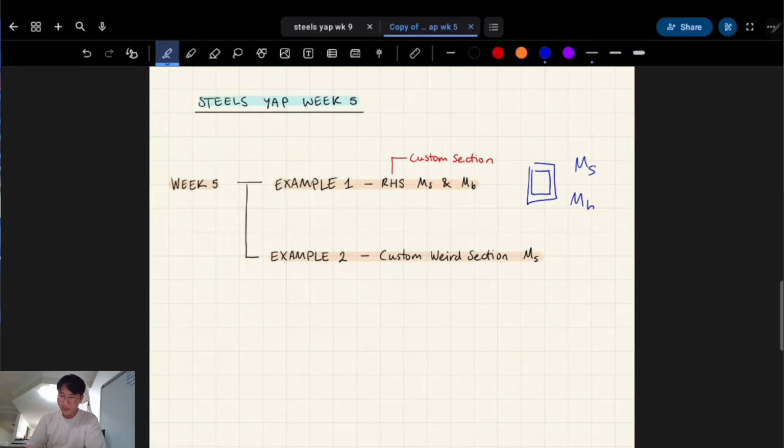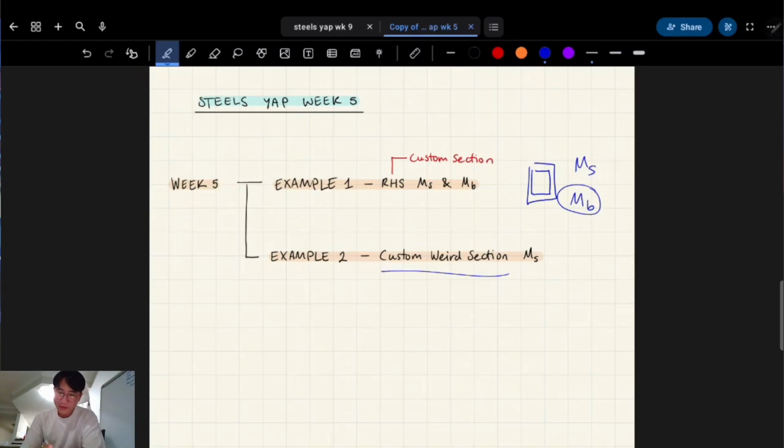Do you guys remember what those are? Moment section and moment beam. Yeah, that's pretty much it. So this is the section capacity, and that's the capacity when you consider the buckling of the beam, the lateral torsional buckling. Does this ring a bell?